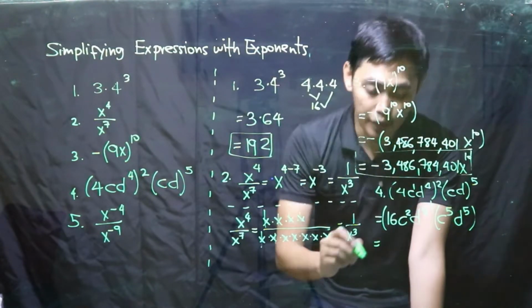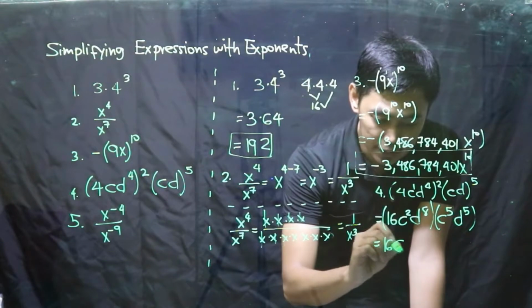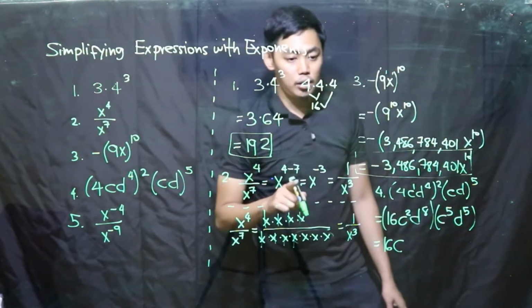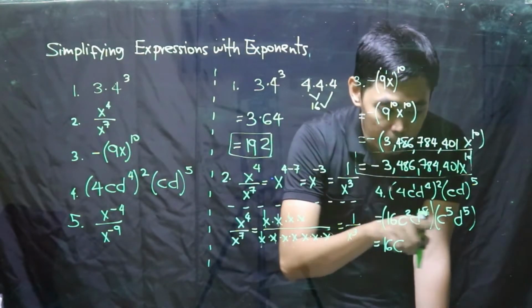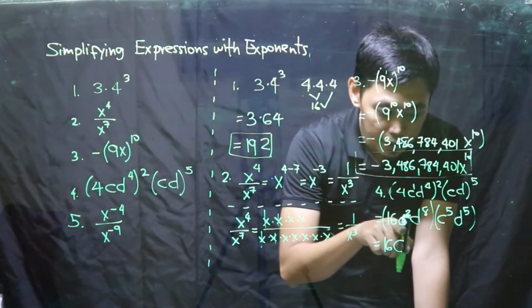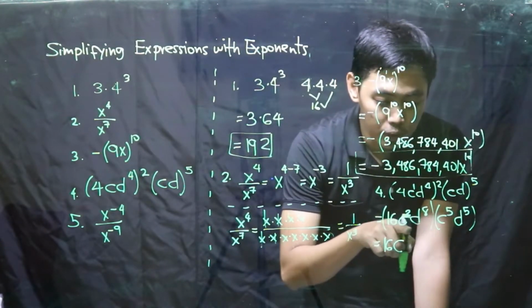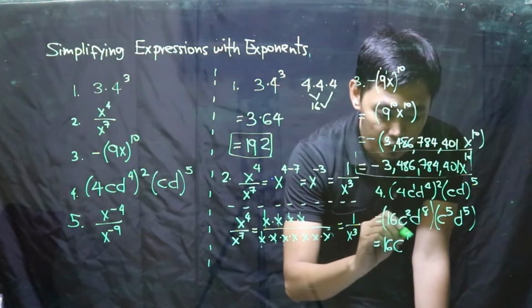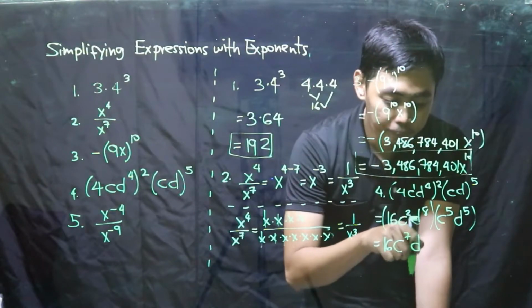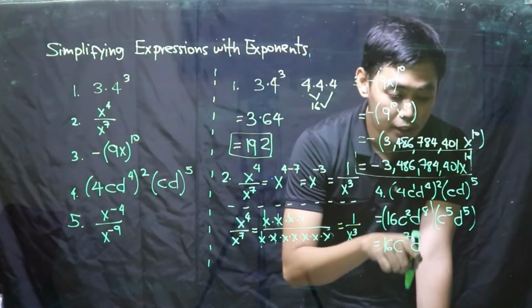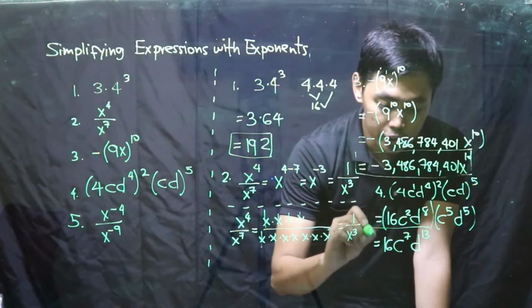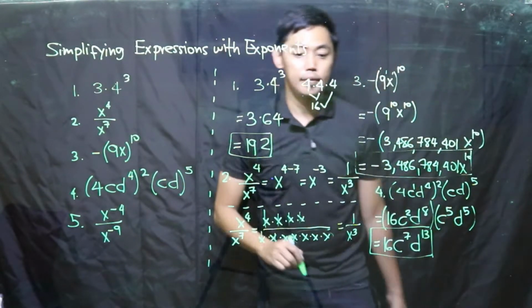Simplifying further, we have 16c, and by the product rule, since we have the same base, we add the exponents. For c, 2 plus 5 is 7. For d, 8 plus 5 is 13. So this is our answer.